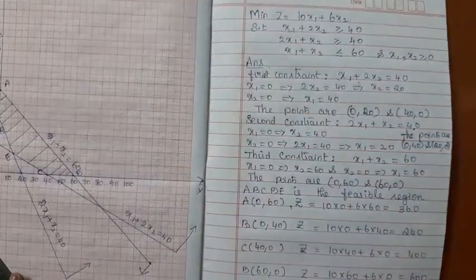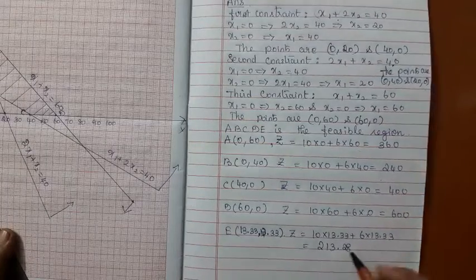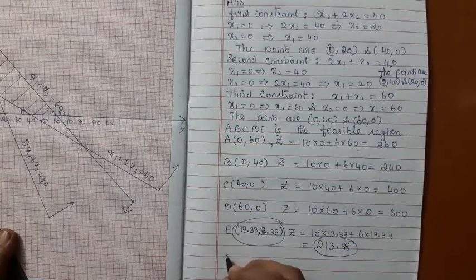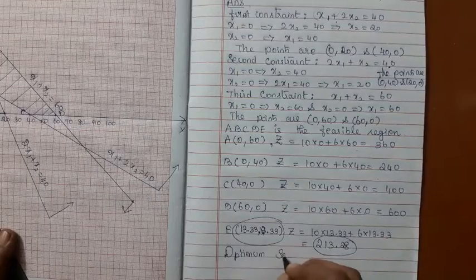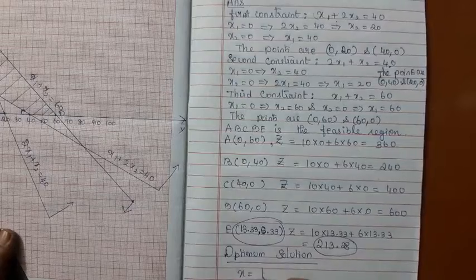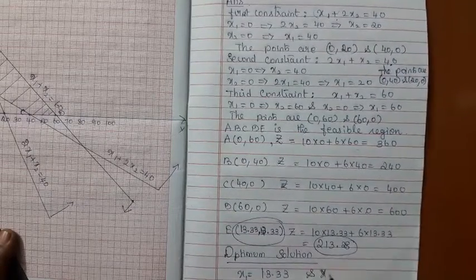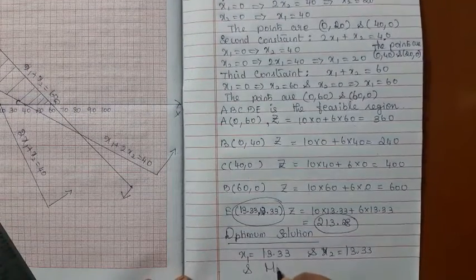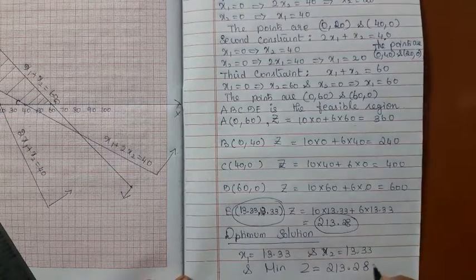Now see the question. You want the minimum value. Which is minimum among all these? This is minimum. So the optimum solution, which is the best solution, is x1 equal to 13.33, x2 equal to 13.33, and the minimum value of Z is 213.28.